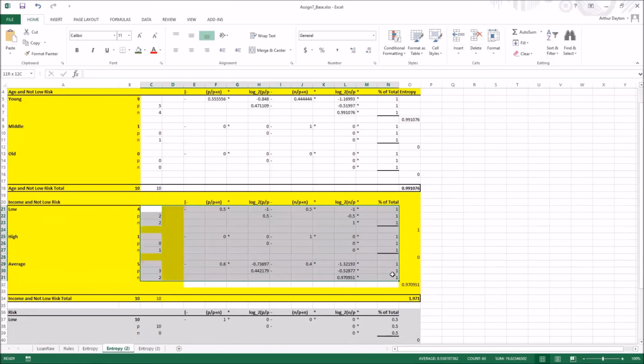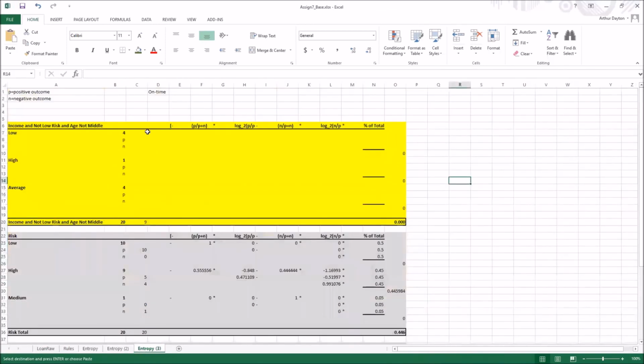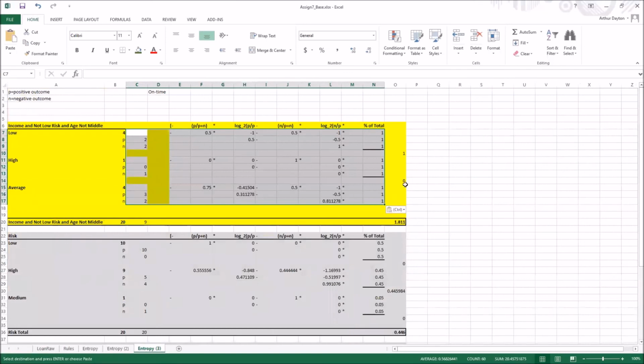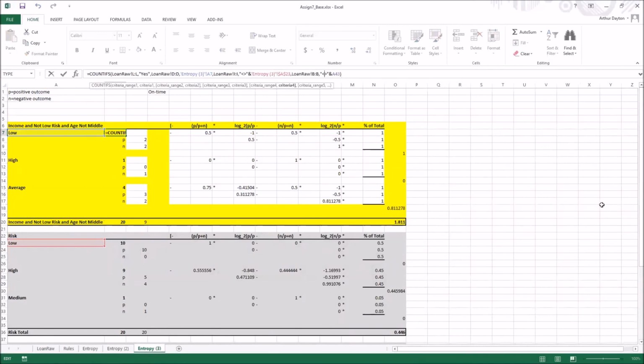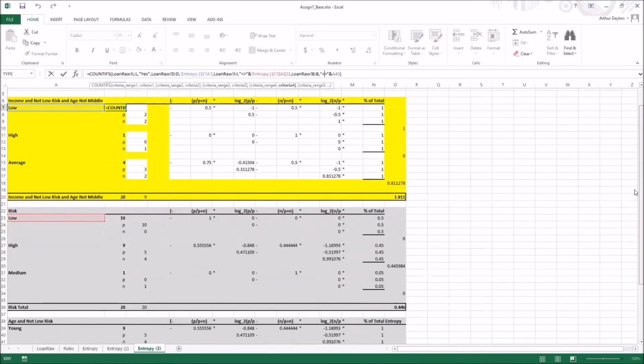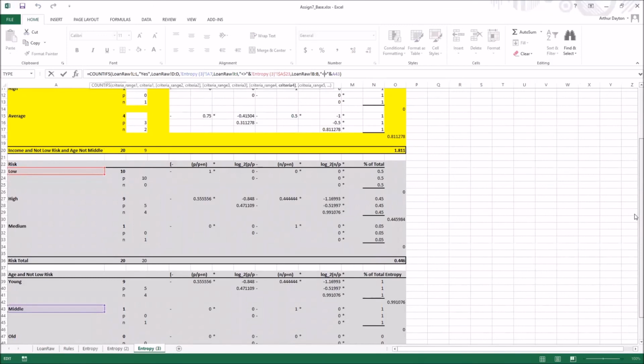So we'll just go ahead and grab the income values here, and we will paste them in. And then the only thing that we need to do is make sure that we are modifying for both excluding our first rule and excluding our second rule.